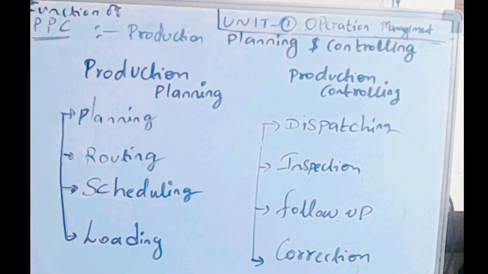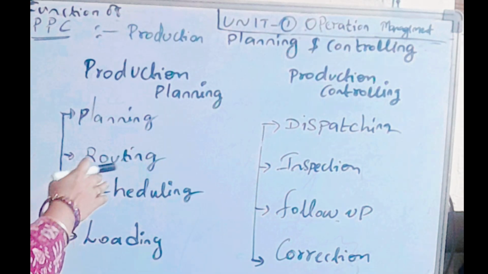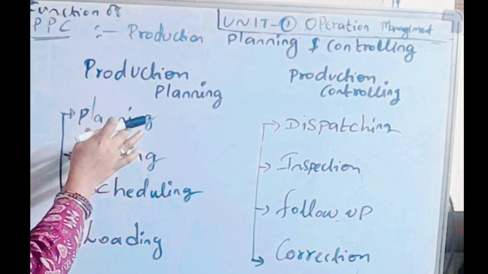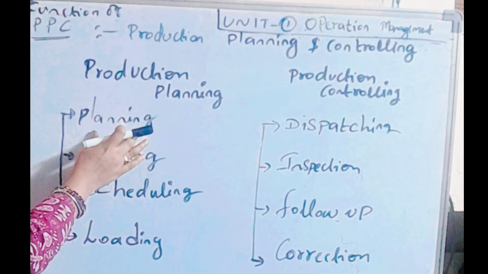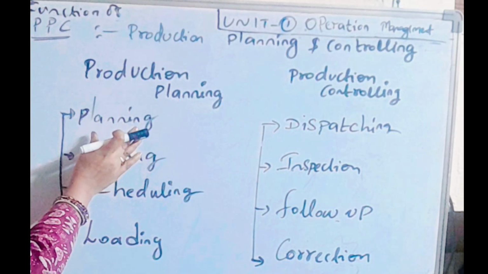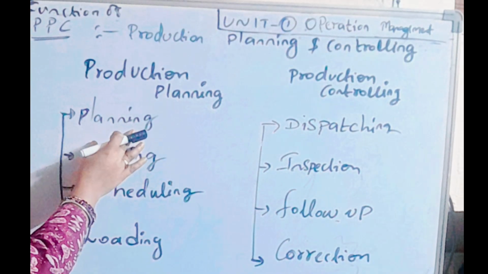In production planning, the first one is planning. Planning means deciding what to produce, how much to produce, and when to produce.